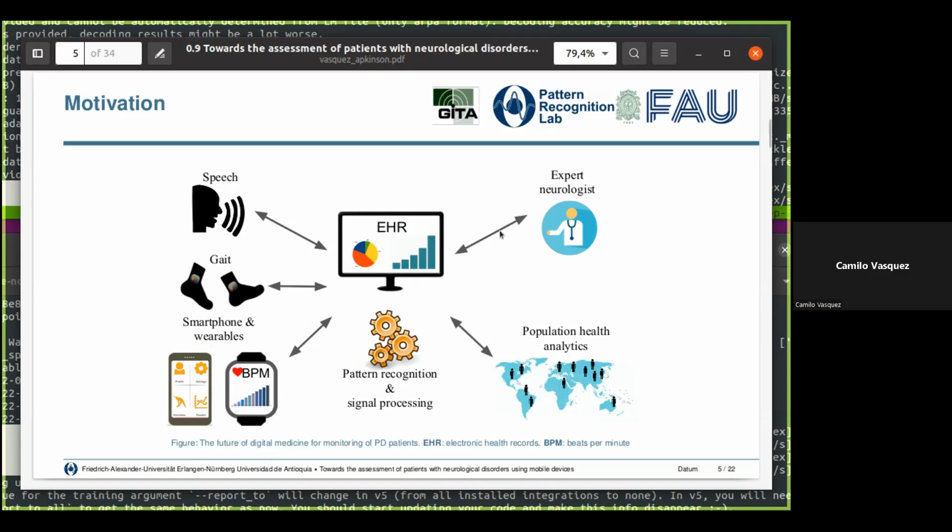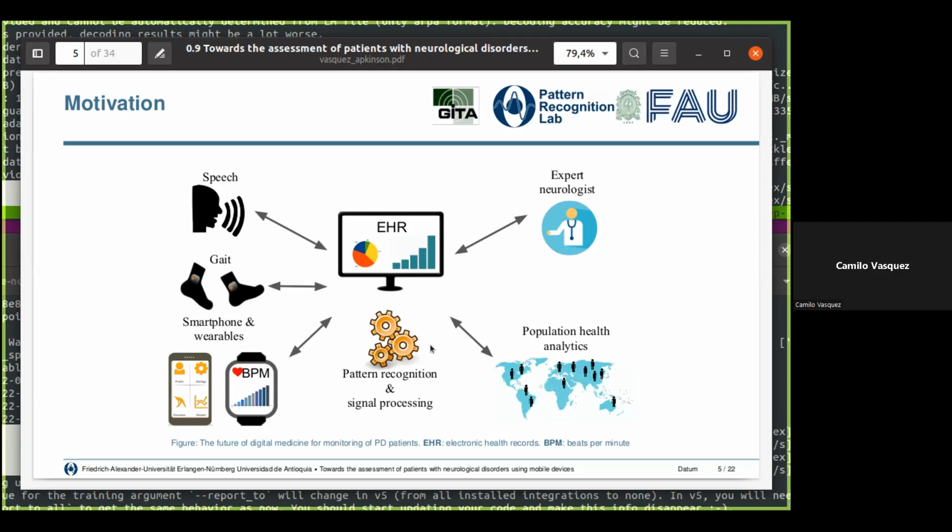And on the other side, we have the neurologists, the phoniatricians, and in general the clinical experts to analyze and get insights about the data collected from the patients. Everything is going to be connected with the electronic health records of the patients and combined with pattern recognition and signal processing strategies to get the most useful information according to the disease progression.